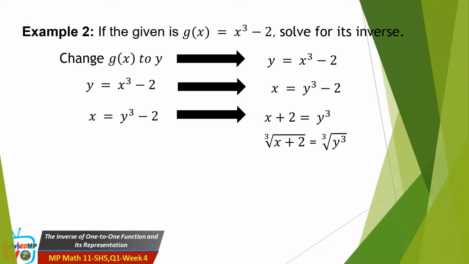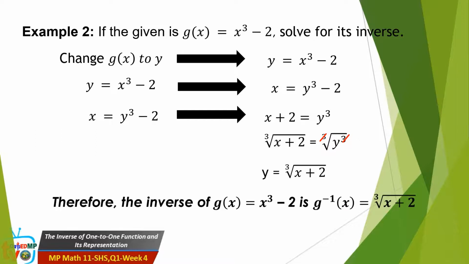So the cube root of x plus 2 is equal to the cube root of y cubed. And there, you can cancel out cube root at the right side of the expression. And y now is equal to the cube root of x plus 2. Therefore, the inverse of g of x which is x cubed minus 2 is the cube root of x plus 2.